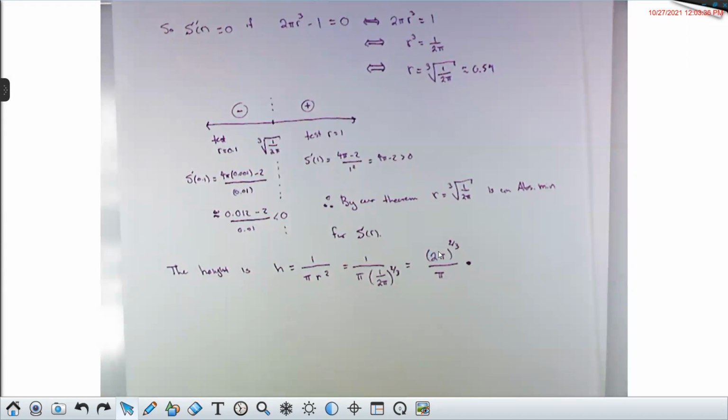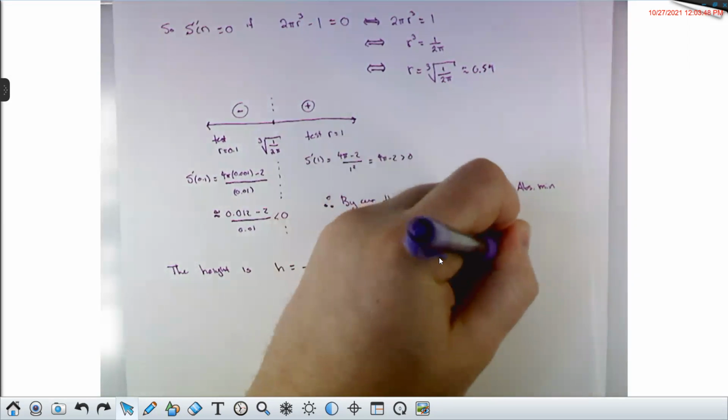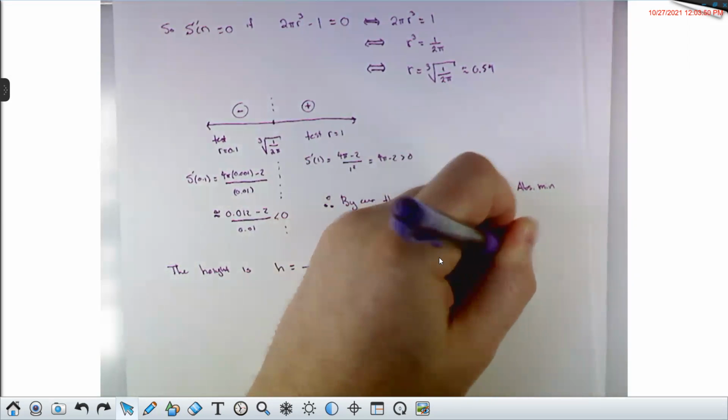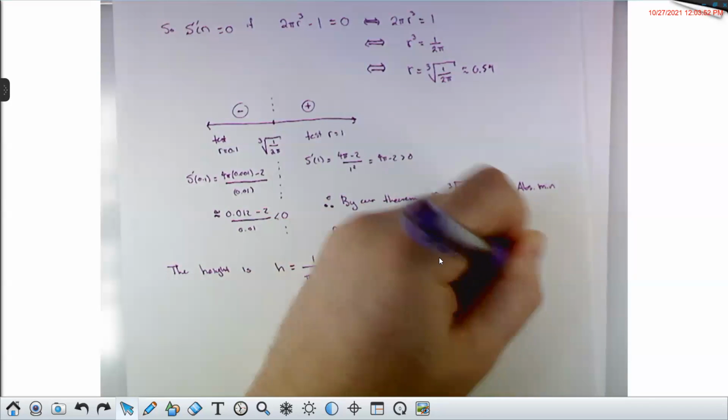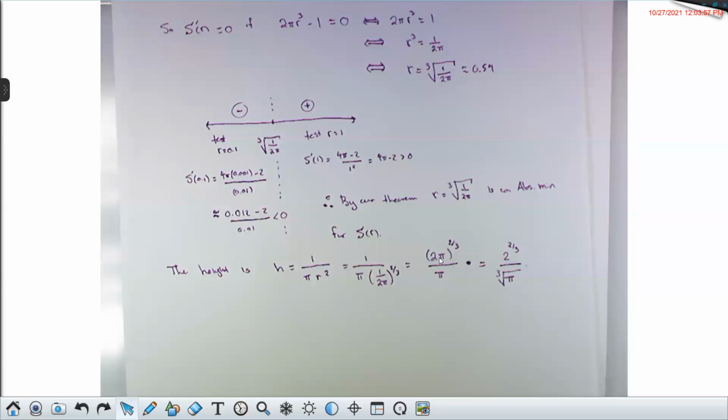This is 2 to the 2/3 times pi to the 2/3 over pi to the 1. So then you could subtract the powers. 2/3 minus 1 is negative 1/3, or I'll go ahead and write it here. Why not? This is 2 to the 2/3 divided by the cube root of pi, if you want. But I would accept this. This would be okay with me.